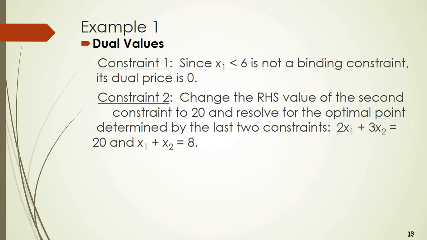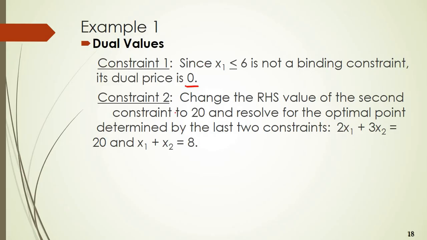So we have here an example, still using the LP formulation we have discussed. Using constraint 1, x sub 1 is less than or equal to 6, which is not a binding constraint. So the dual price will become 0.